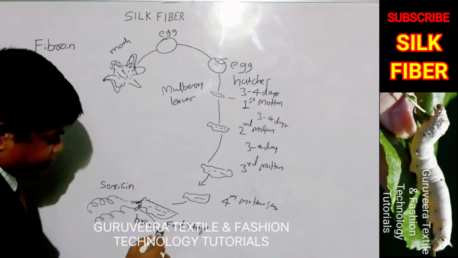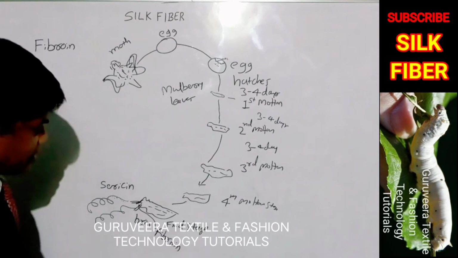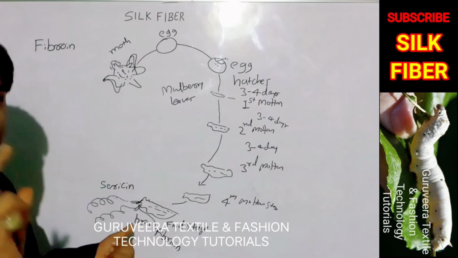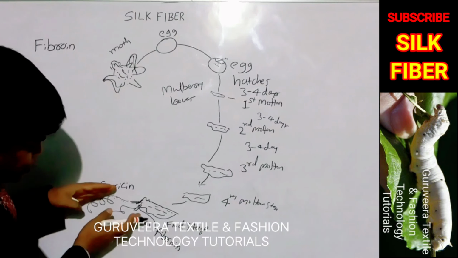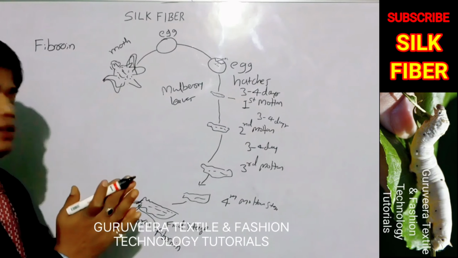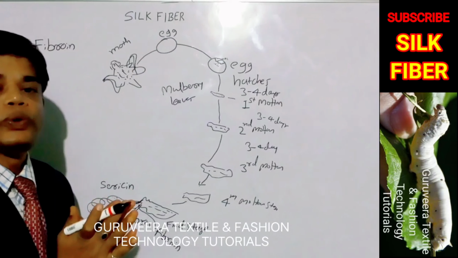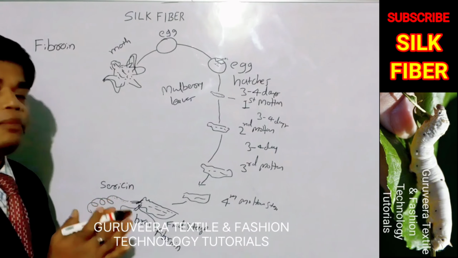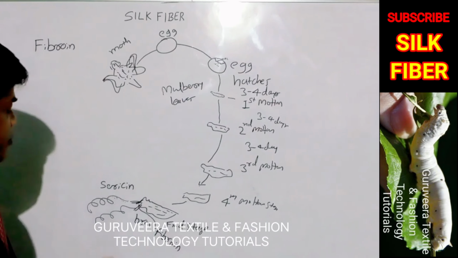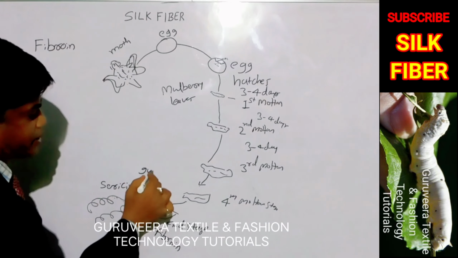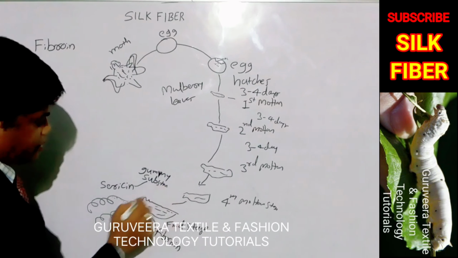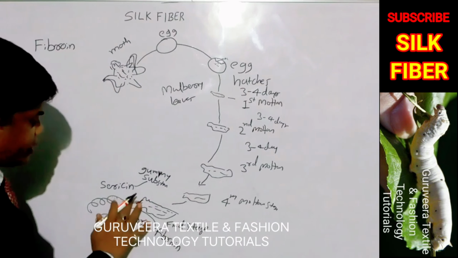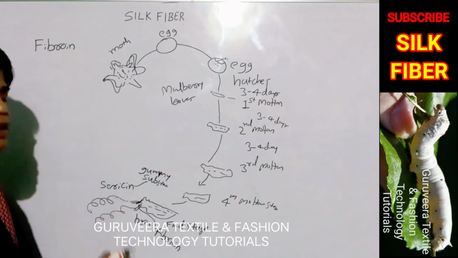This sericin is a gummy-like substance that makes these 2 fibroin filaments stick to each other and feel very hard. Because of this gummy sericin, the 2 filaments stick together and get a hard feel.